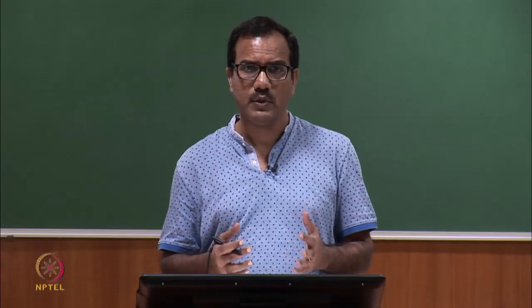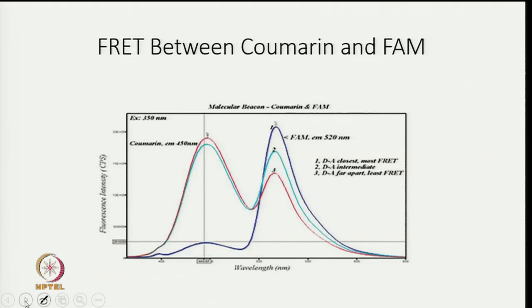This is one of the examples where FRET is shown between coumarin and FAM. So, suppose I excite coumarin at 350 nanometer, coumarin will give an emission peak at 450 nanometer. So, there are three emission spectra you can see for FAM.